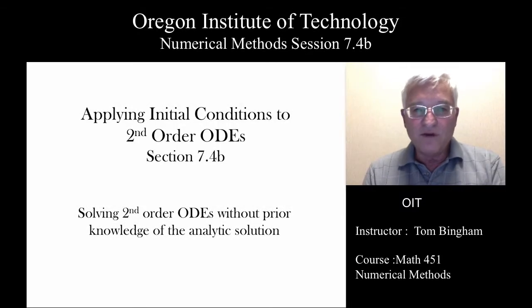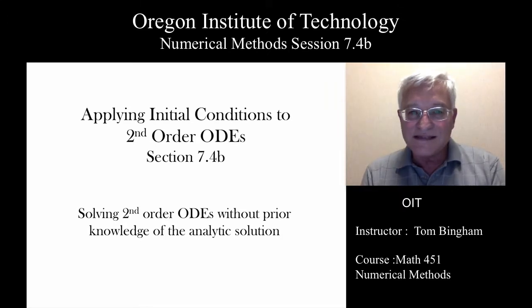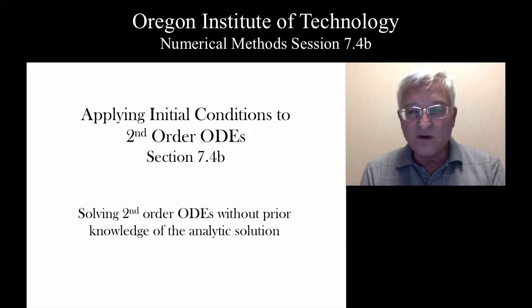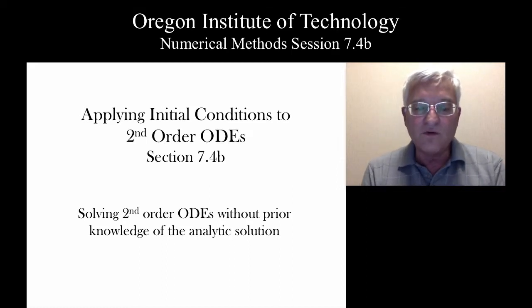We are now running the home stretch of this course, and we are going to do one last task for this second order ordinary differential equation, and that is to get rid of the dependency of knowing what that cycle was for the pendulum.